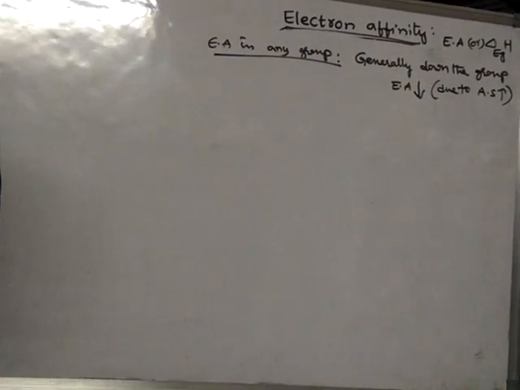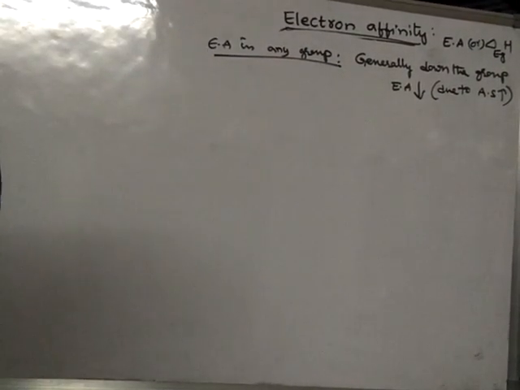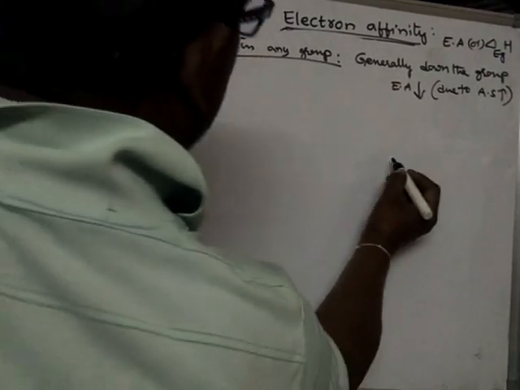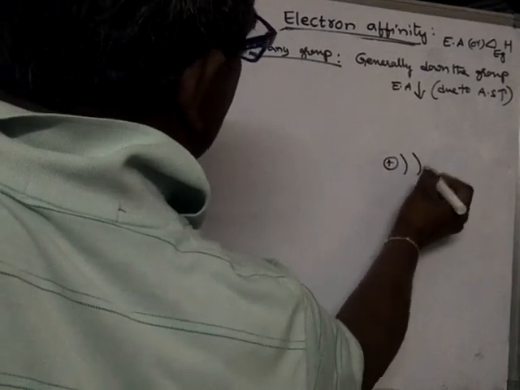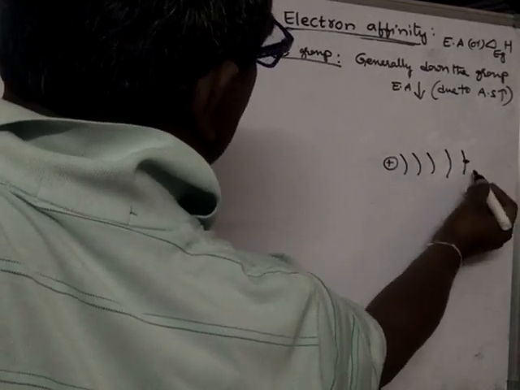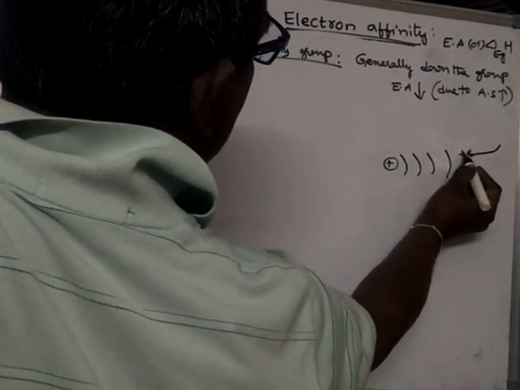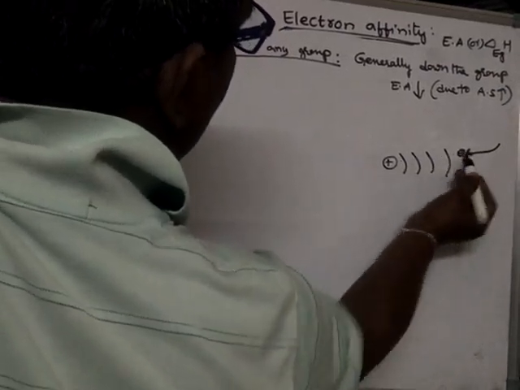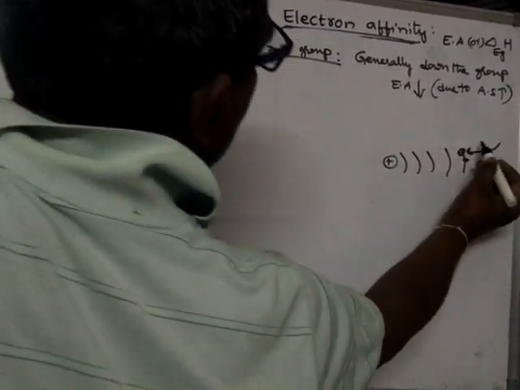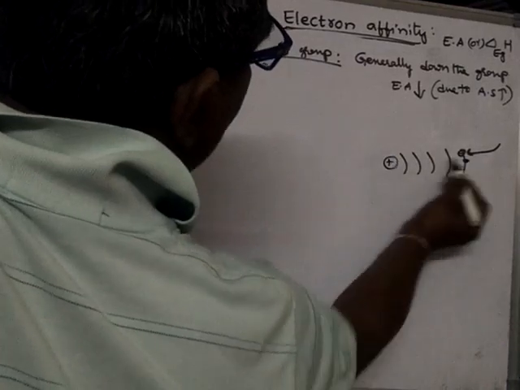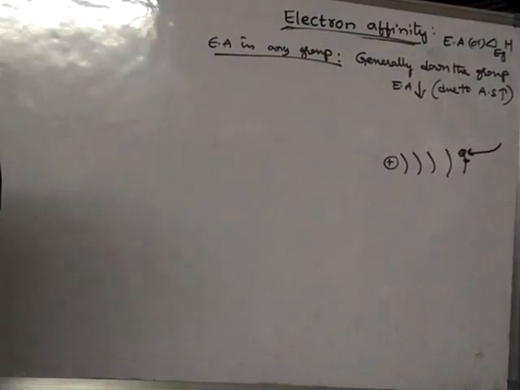Due to the increase in atomic size, what happens? Whenever the size of the atom is more, the added electron will go into an orbit far away from the nucleus.